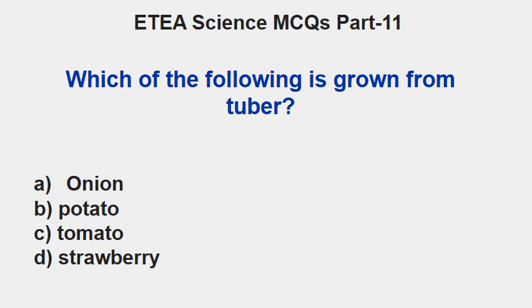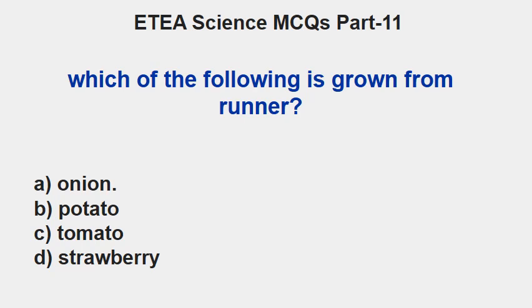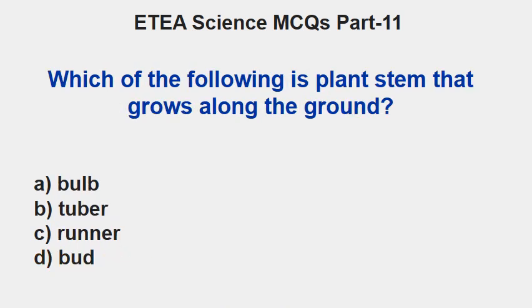Which of the following is grown from tuber? Which of the following is grown from runner? Which of the following is plant stem that grows along the ground?